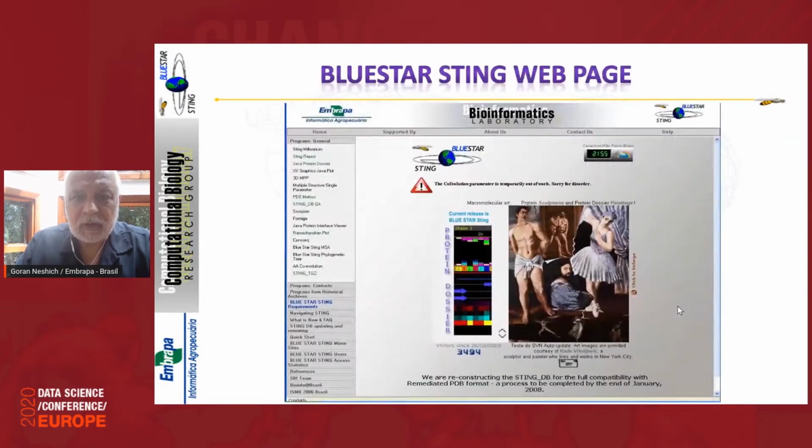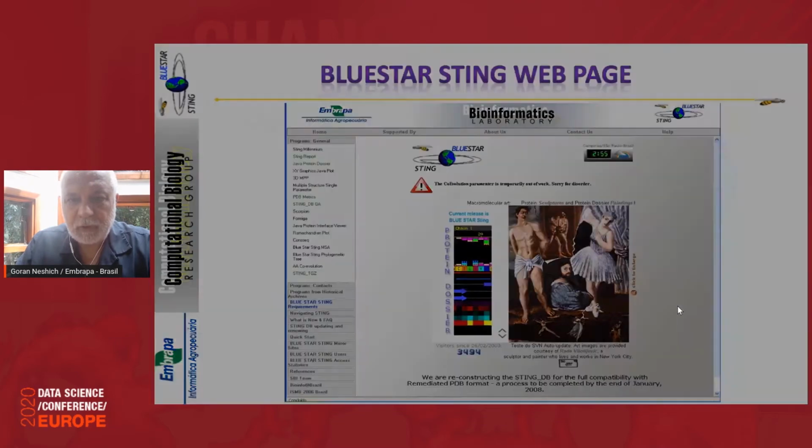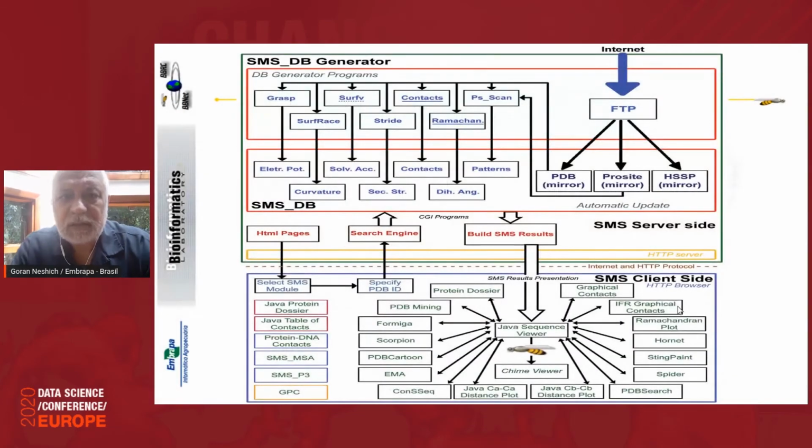Anyway, let's talk about STING modules. STING has its own web page. And here in this slide, you see how we actually operate. Over the internet, we bring in the public data. Those public data are processed by the so-called database generator programs, which are either ours or third-party algorithms.